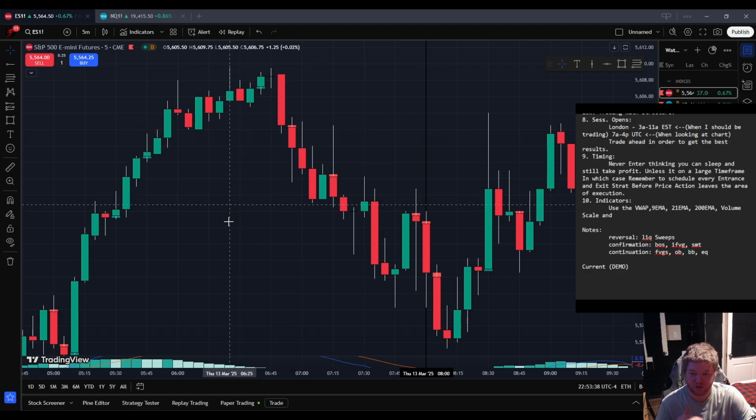Where's our breakup structure to the downside? When we break structure, we have to close below. Nope, nope, nope, down, up. Higher high, higher low, higher low, lower low. This is how we identify a breakup structure.